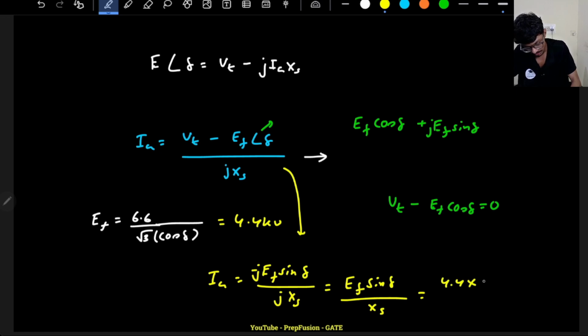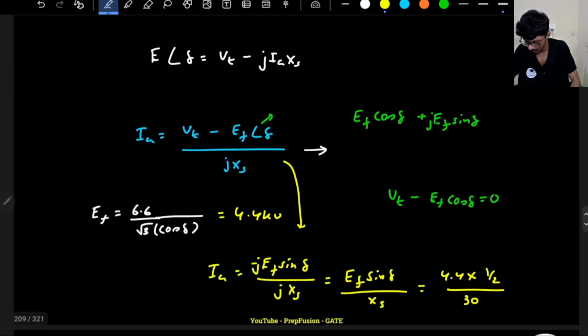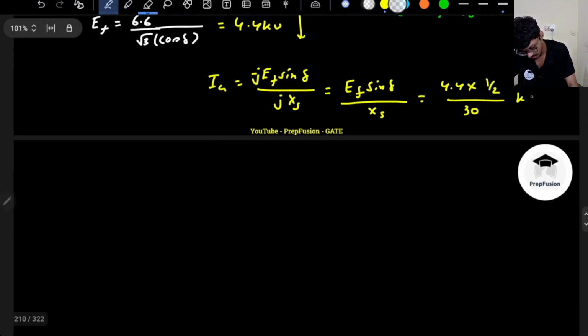I know my EF, that is 4.4 kilovolt. I know my sin delta: sin 30 is half. I know my Xs, that is 30, they have given it. So from here I can easily write, this will be kiloamps basically, not kilowatts, sorry.